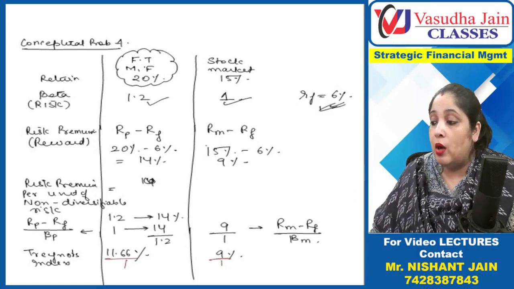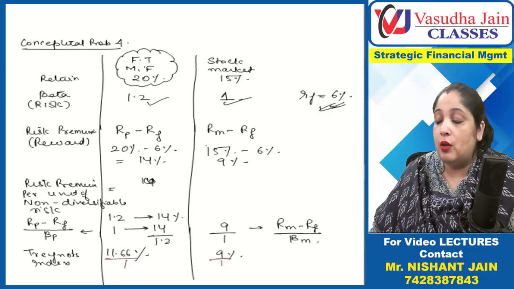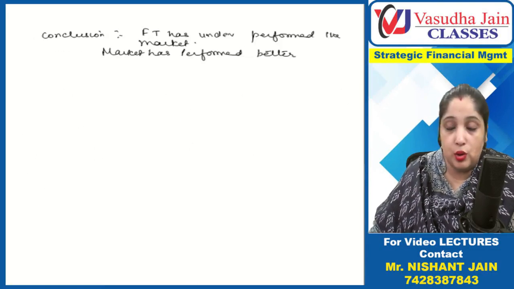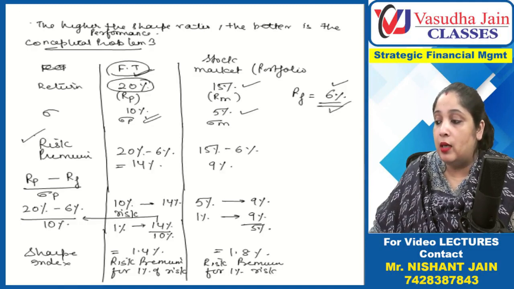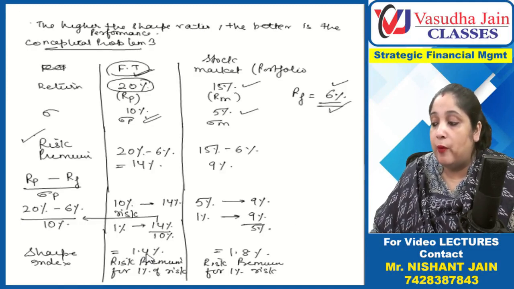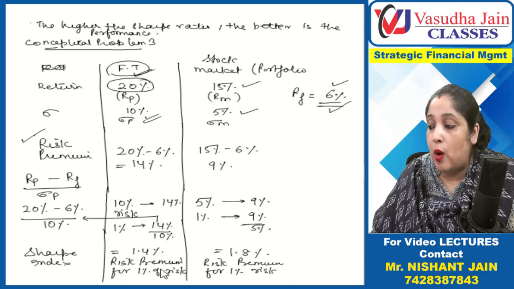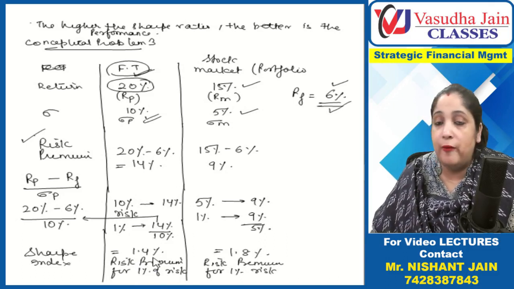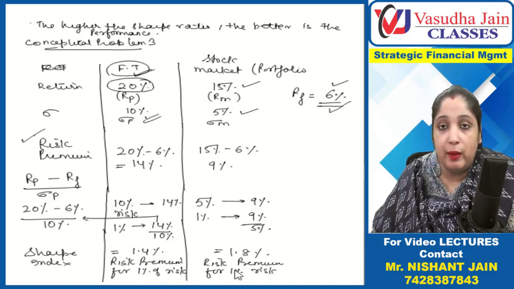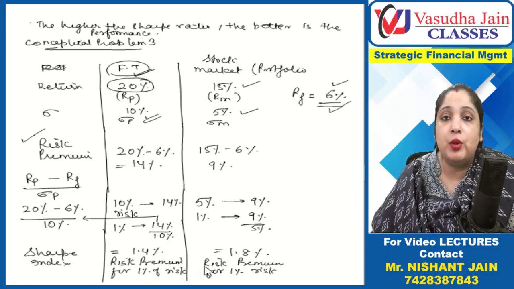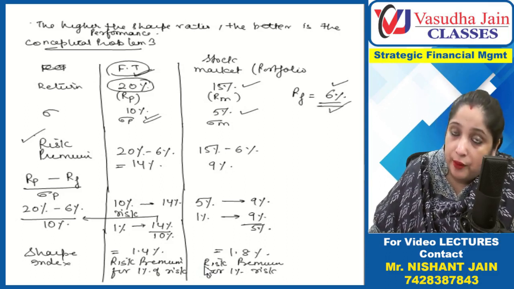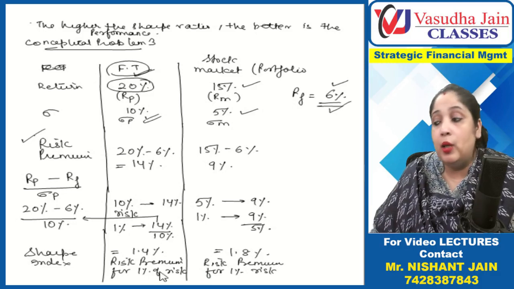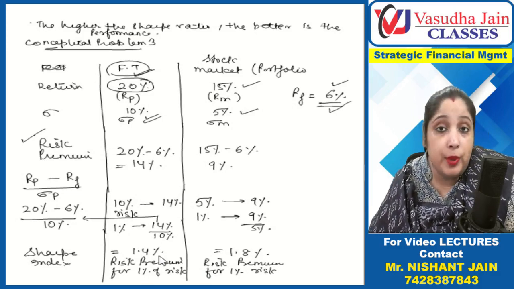Even in the Sharpe model, you have learned the same thing. Here you are getting 1.4. What is 1.4? This is for 1% of risk. So 1.4 divided by 1, 1.8 divided by 1. These are only ratios telling you that if you bear 1% of total risk, then you get this much reward, risk premium.